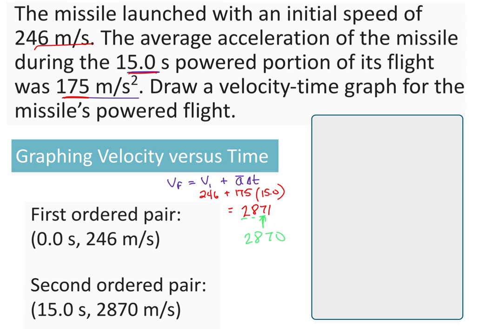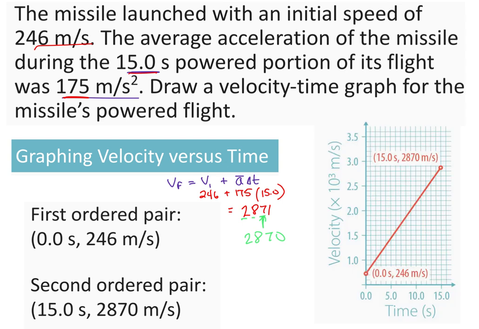So now I can graph. Now I can legitimately graph this because I have 2 points. If you were to graph it, they did this in thousands. When you see times 10 to the third, that just means in thousands, right? So 0.246, they graph around right here.